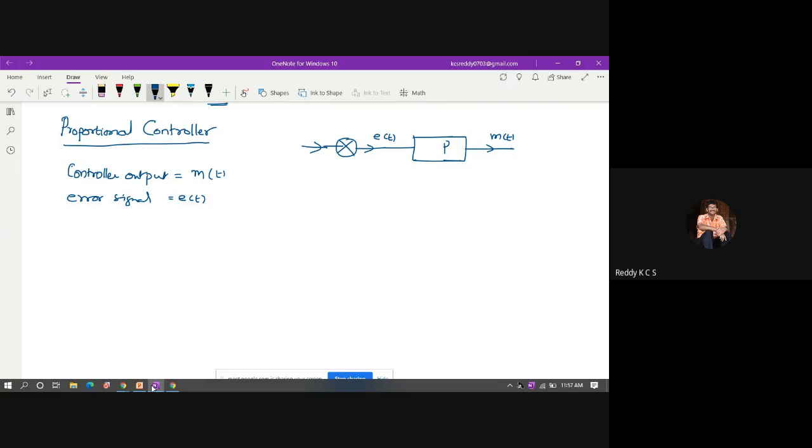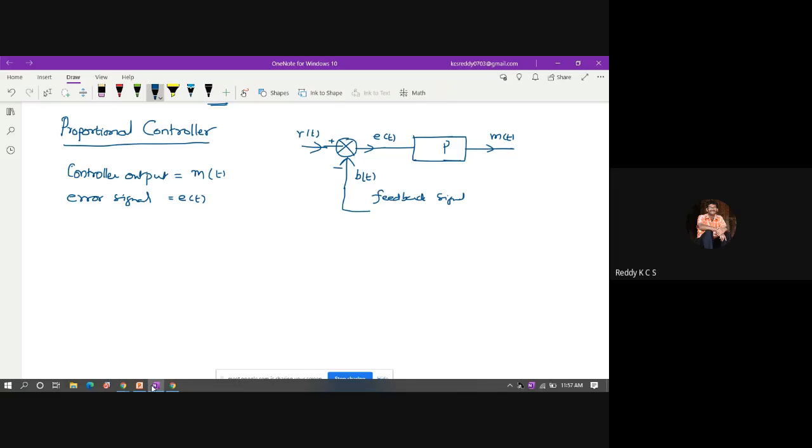Here I give the feedback signal, called b of t, and this is your reference input R of t. The feedback can be negative or positive, so here I'll just mention negative feedback.